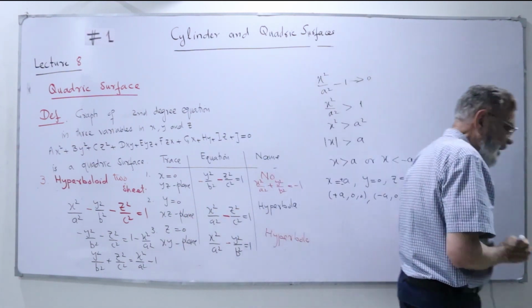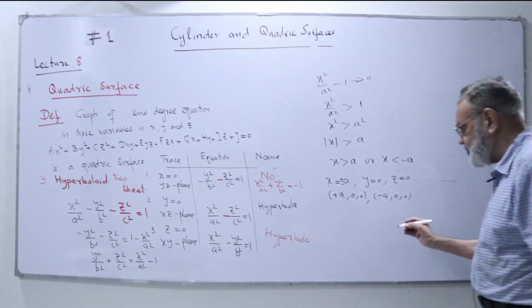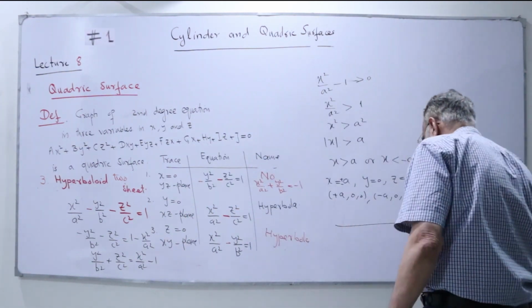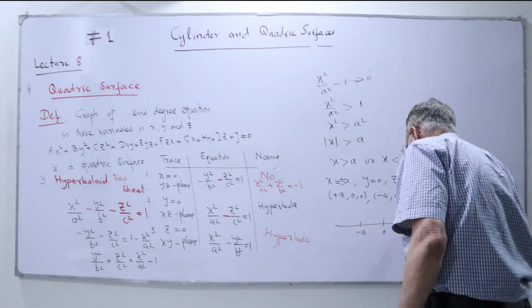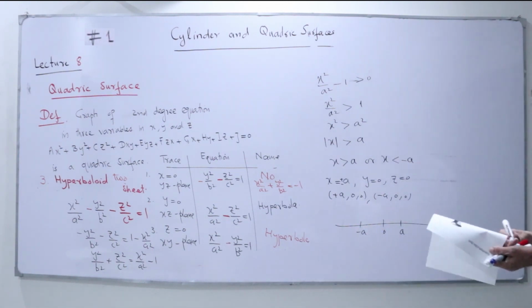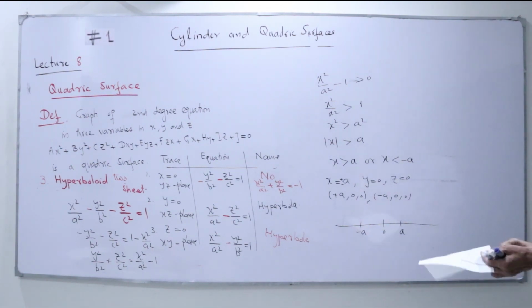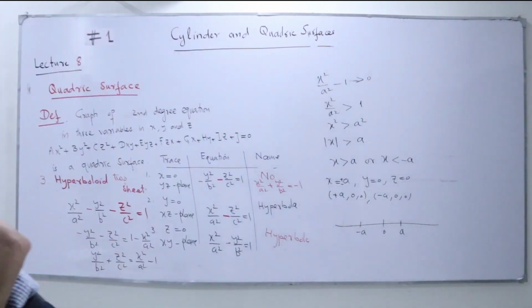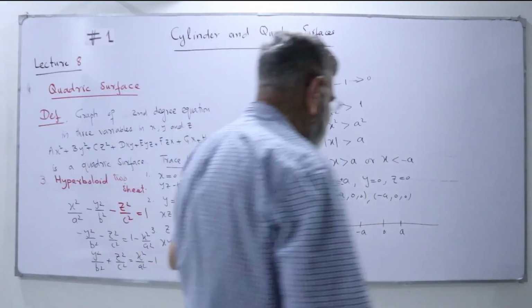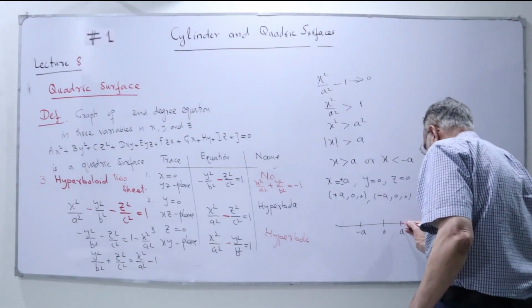Now the situation is like this one. This is my x-axis, for example, and this is my 0, and this here is minus a, and this is my a. So this is telling us that we have no graph in between a and minus a, and where x is bigger than a, we have the graph.